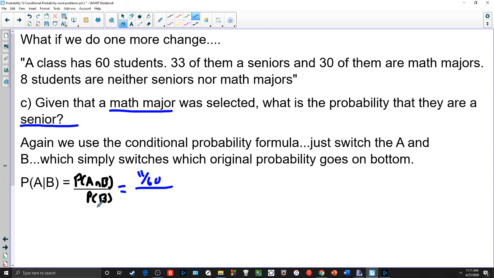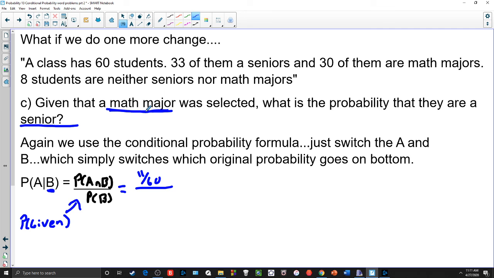The top number is not going to change. What's different is the bottom number, which is always the probability of your given event. If you're given that they're a math major, the probability that they're a math major goes on the bottom.